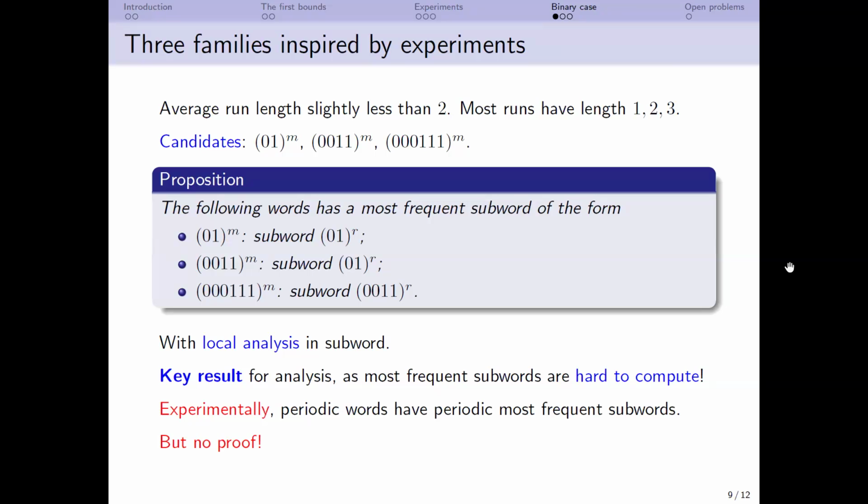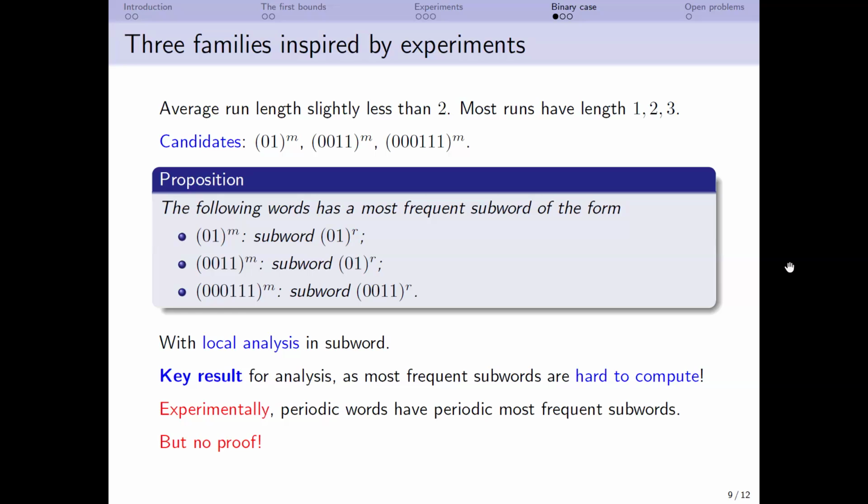And for these 3 candidates, we have some miracles happening, because remember that this subword entropy problem comes from the algorithmic problem of finding subwords that occur most frequently. And in general, we don't know how to compute them.